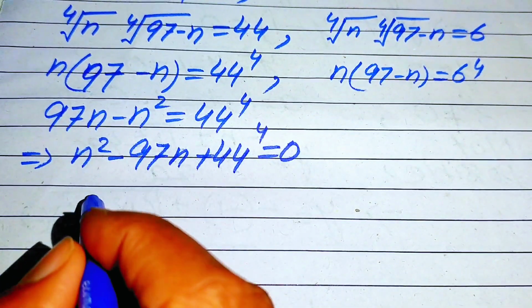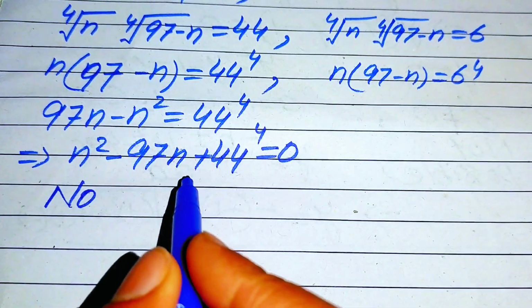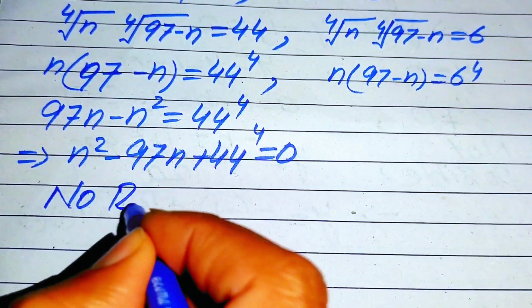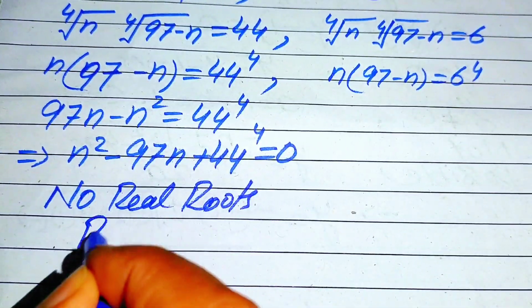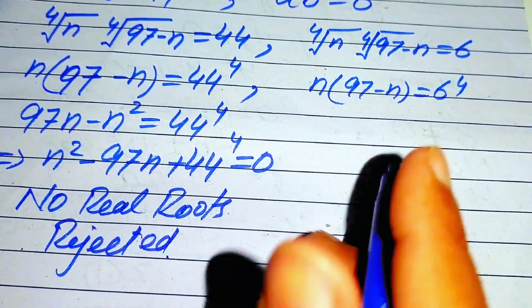So this equation cannot give us a real root. You can check this equation by the discriminant formula, and we easily say that it gives us no real root, so we reject this case, and we proceed with the other case only.